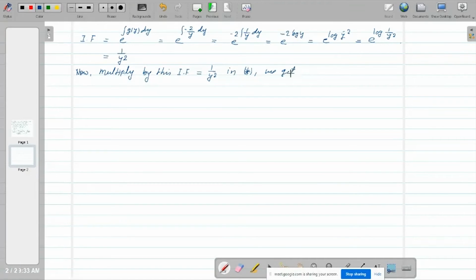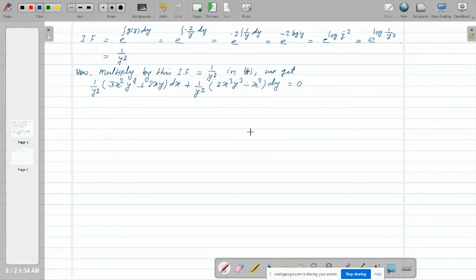We get 1 upon y square times the first term 3x square y to the power 4 plus 2xy dx, plus the second term, 1 upon y square times 2x cube y cube minus x square, dy equal to 0.